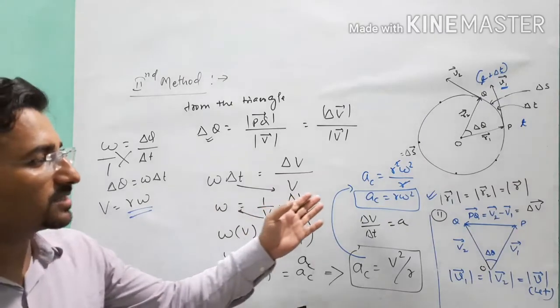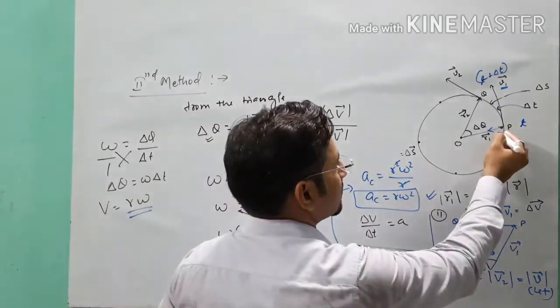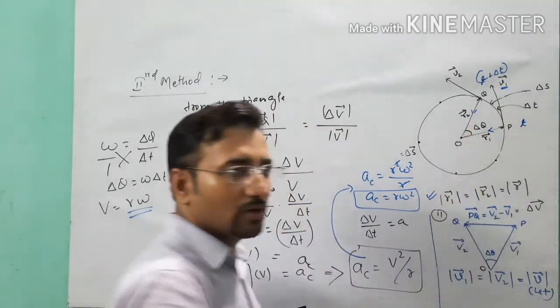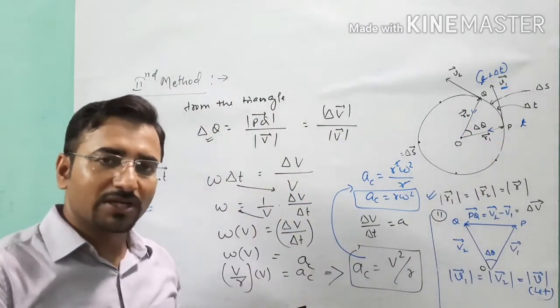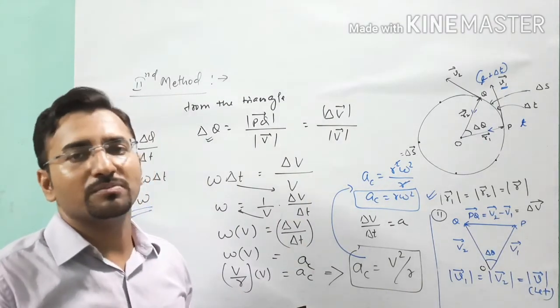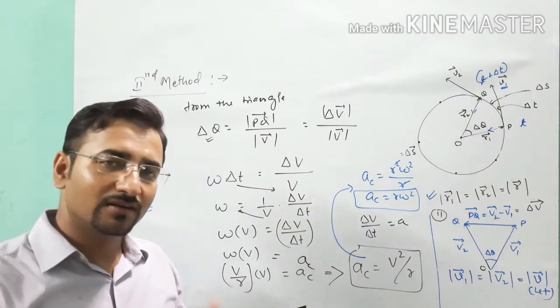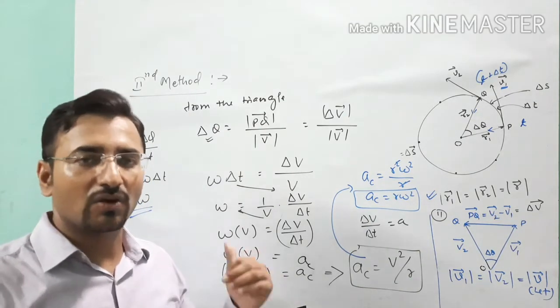This is one more formula of centripetal acceleration. And about their direction I have already discussed. Their direction is toward the center of the circular path in which the object or body is moving in a circular track with uniform speed, okay, and constant angular velocity.